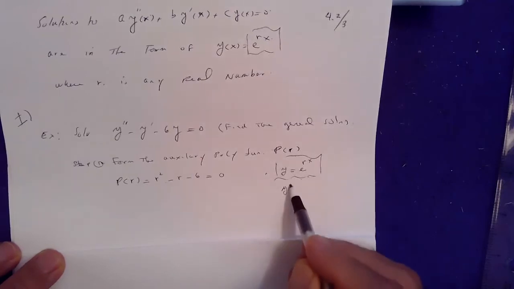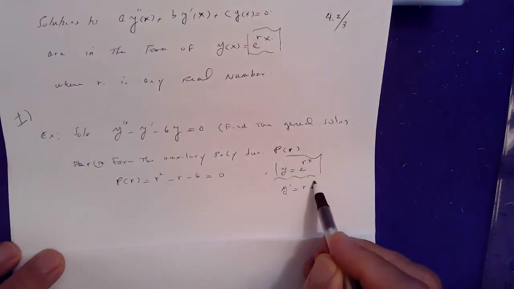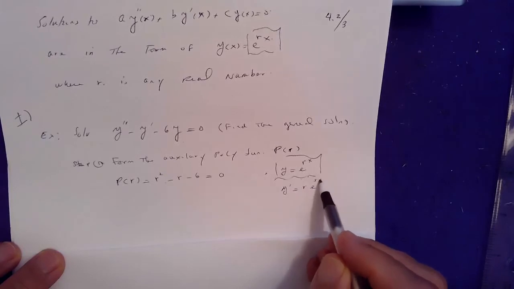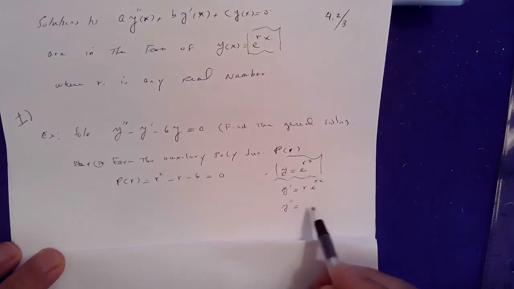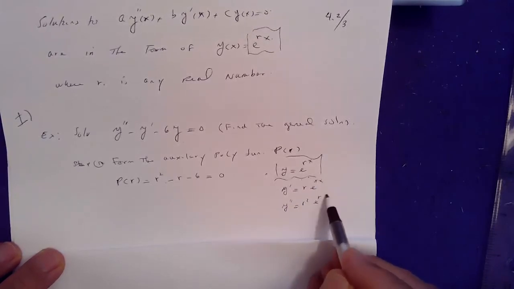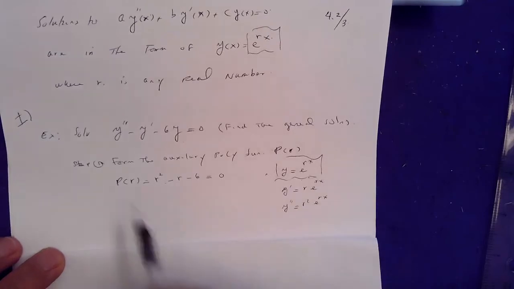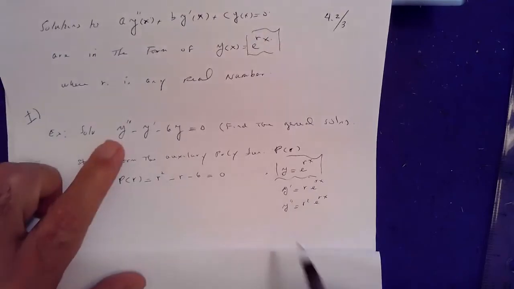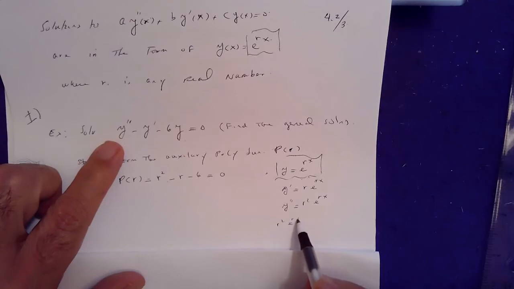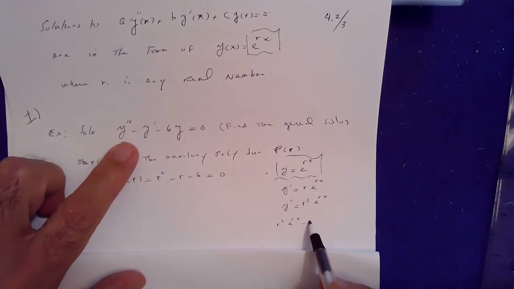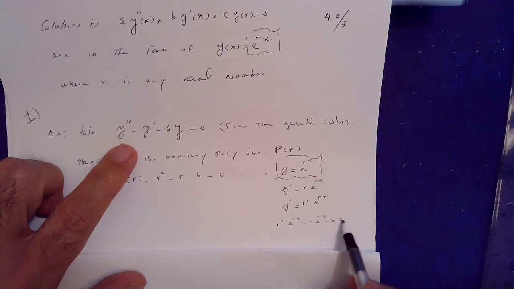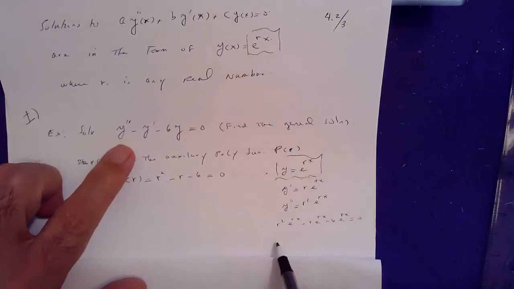In other words, y prime is r e to the rx, and y double prime is r squared e to the rx, correct? So if I substitute those here, I get r squared e to the rx minus r e to the rx minus 6 e to the rx equals 0.